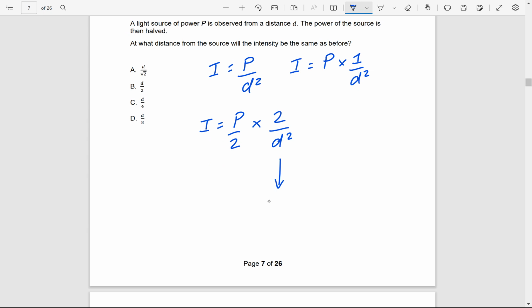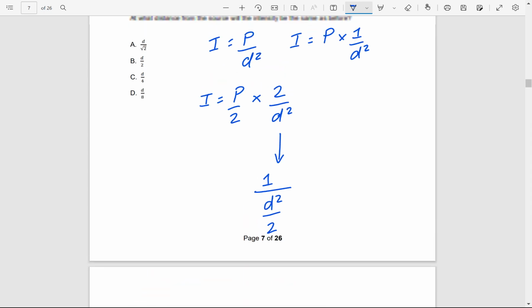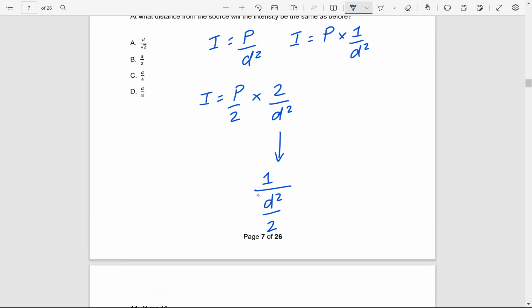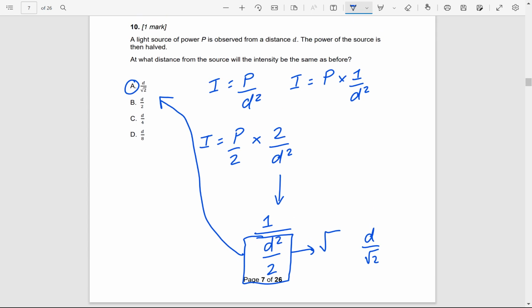Then if you flip that back on itself, it's 1 divided by d squared over 2. And we want to know what that is in comparison to one of these. So hopefully you can see that if we square root, it's d divided by root 2.